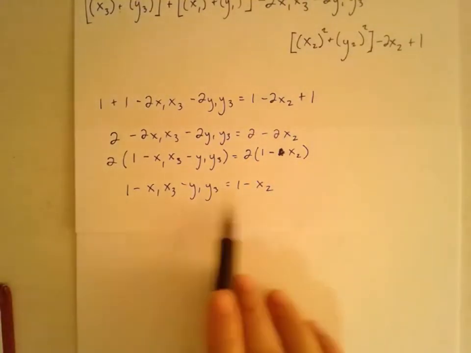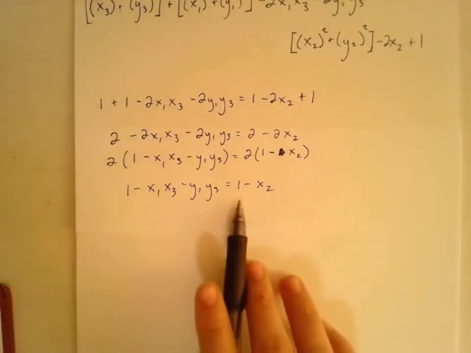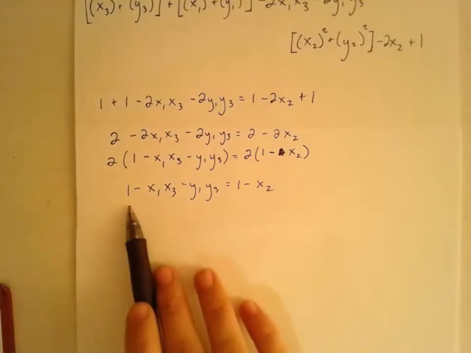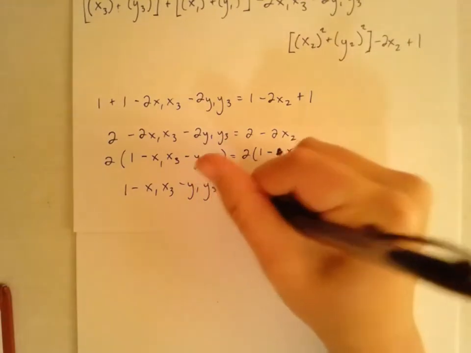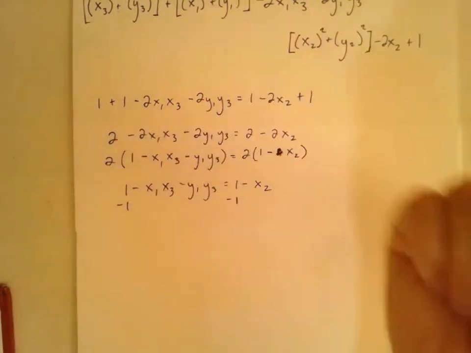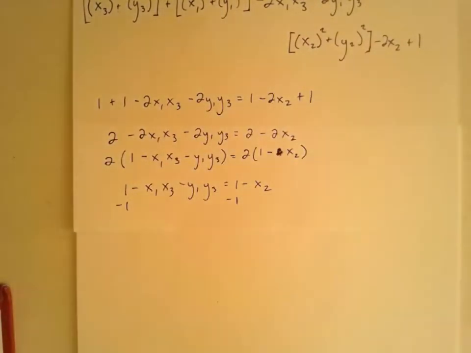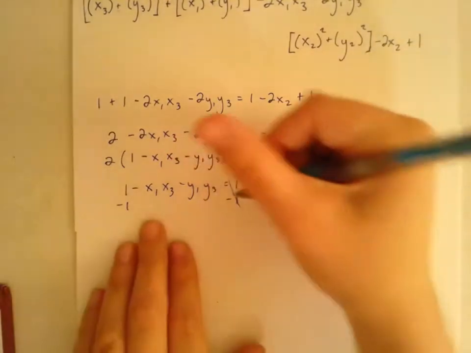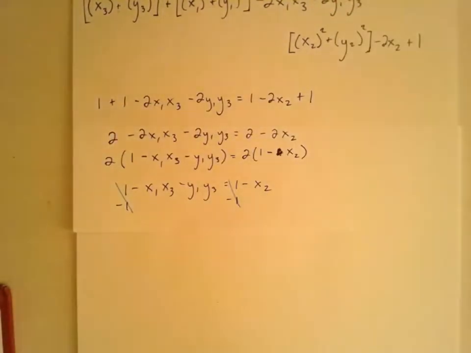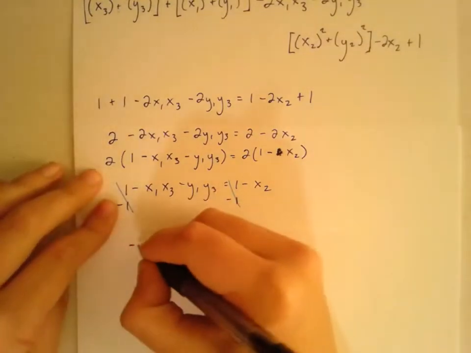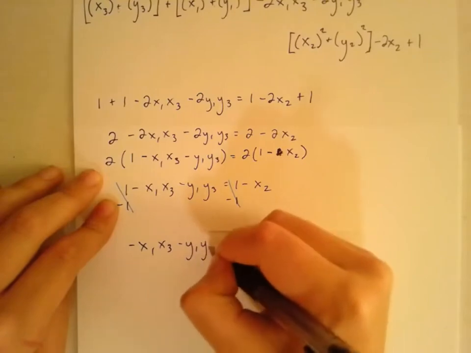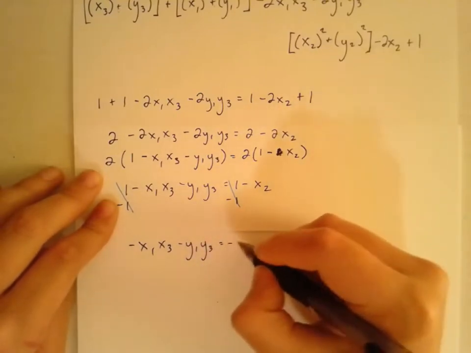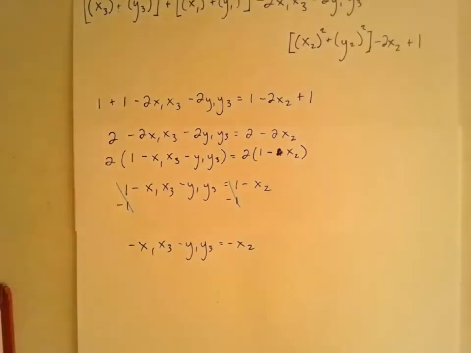And when I try to move these numbers over, right, I would subtract 1 here and subtract 1 here, and that would actually make the 1s completely go away. And I'll just write that step in. Your book misses a lot of the algebra, just kind of skips steps, so I'll do you the favor of showing you those steps right now. And then what I end up getting is my negative x1, x3 minus y1, y3 equals negative x2.